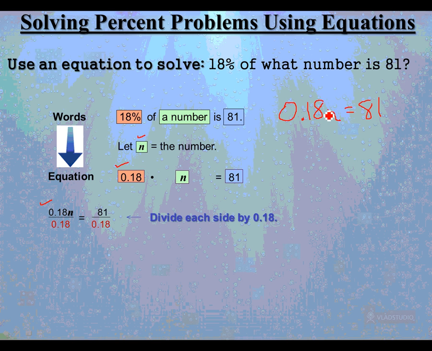This is multiplication, and the inverse of multiplication is to divide. You're going to divide by whatever is on the letter side, so you're going to divide by 0.18. And there you have it. n equals 450. That's our answer, 450. 18% of 450 is 81. That seems to make some sense to me.